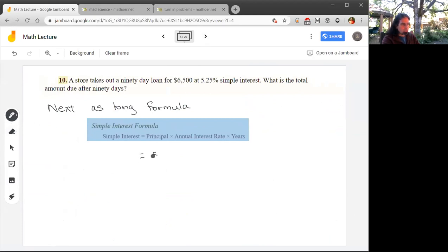So the principal is our 6,500. The interest rate, we're going to RIPLOP up here. If you're not writing it, then in your head, when you take the 5.25 and put it in the formula, make it a decimal.